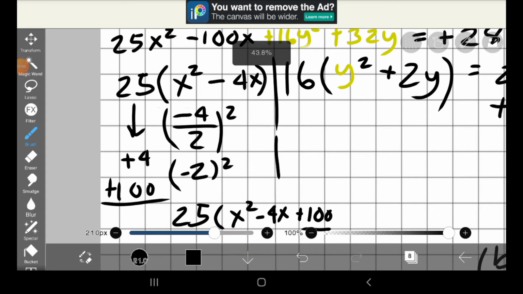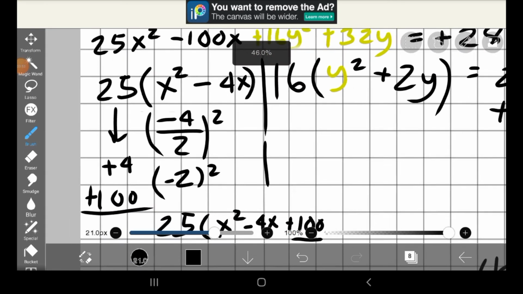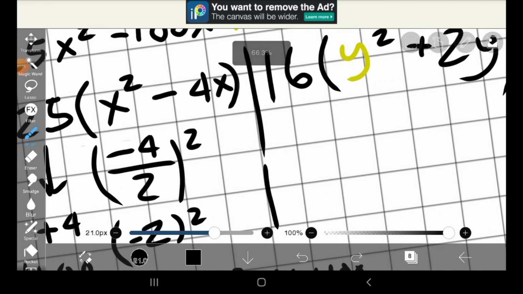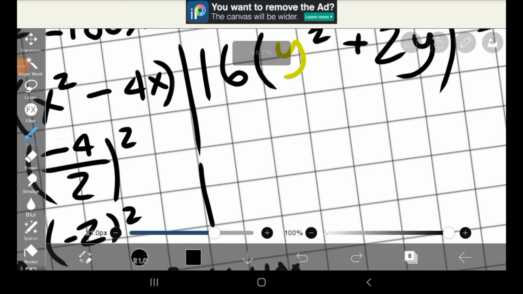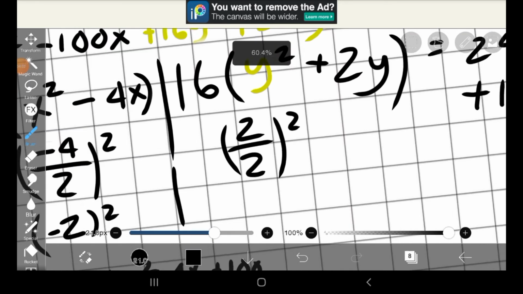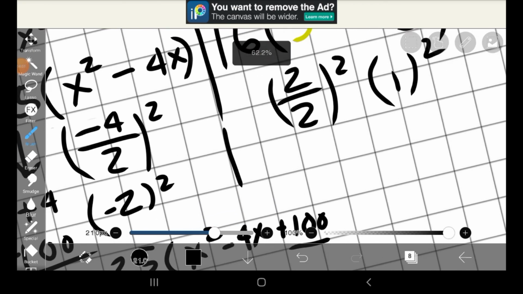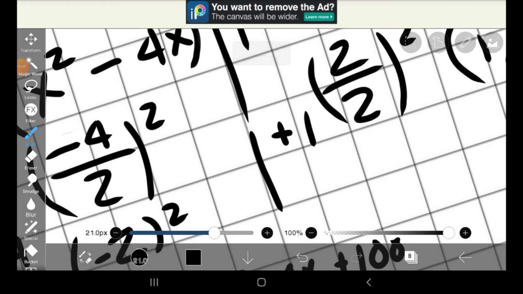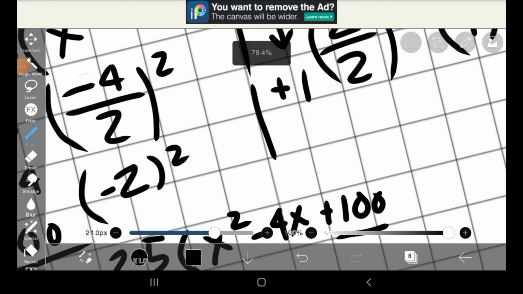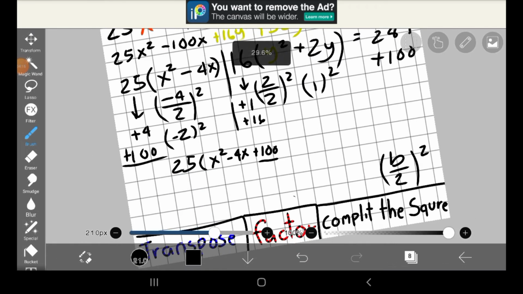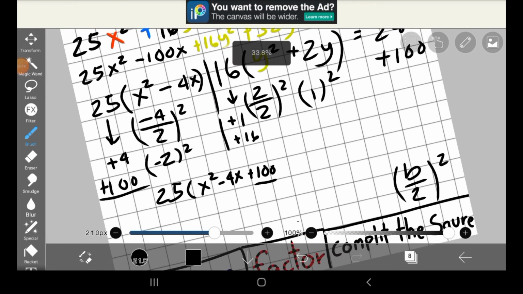Next, let's find the constant of the y terms. Again, we will use the b. So 2 divided by 2 squared will be positive 1 squared, positive 1, times 16 is equal to positive 16. So positive 16 is the constant of the y squared.